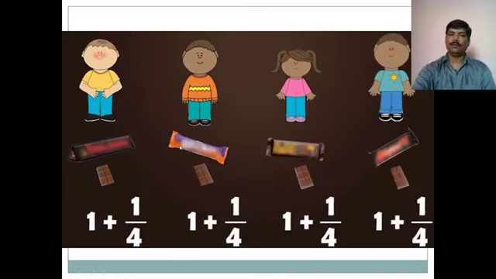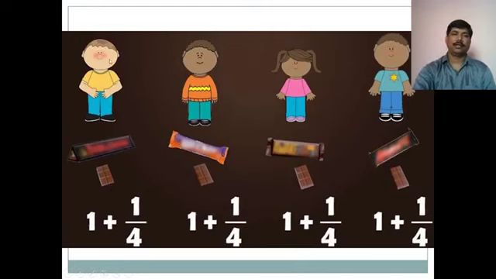First we give one chocolate to each child, and the remaining chocolate is divided into 4 equal parts. 1, 2, 3, 4. One chocolate is fully given, and the remaining chocolate is opened and divided into 4 equal parts, and each part is given to each student.